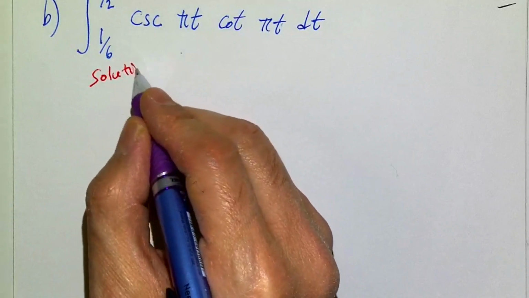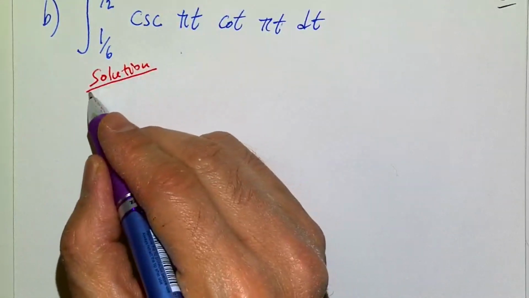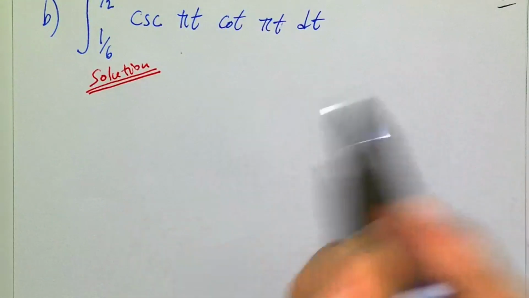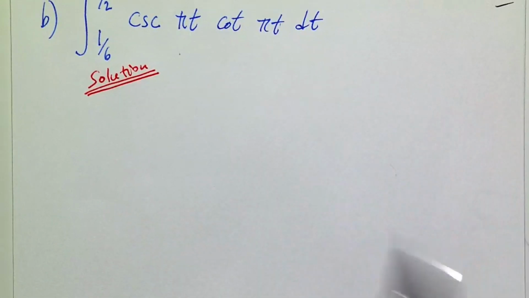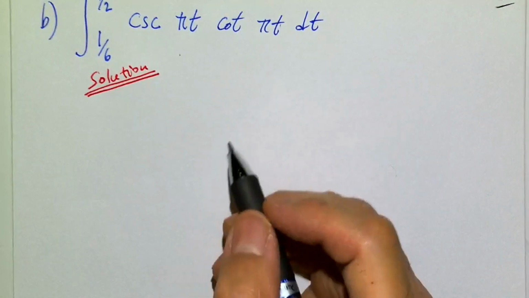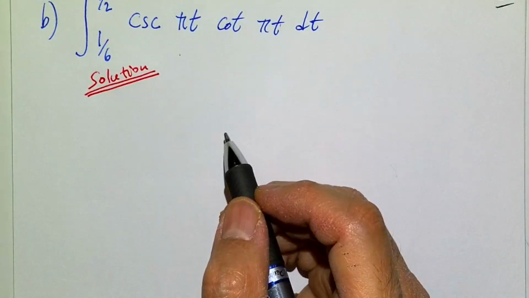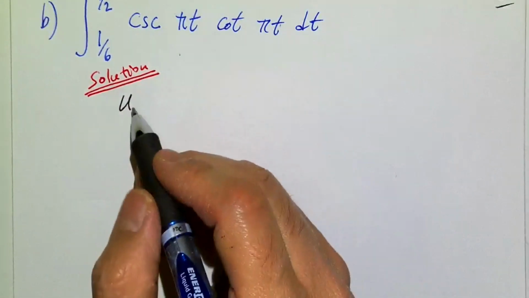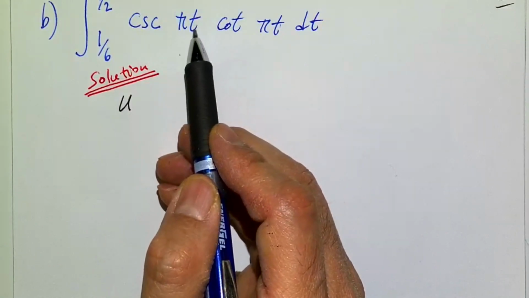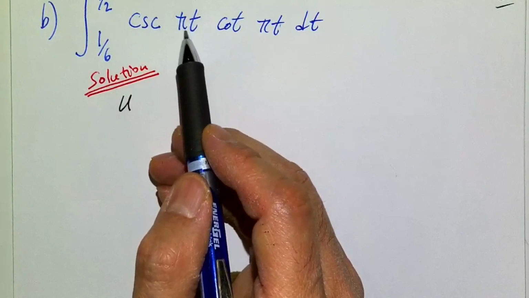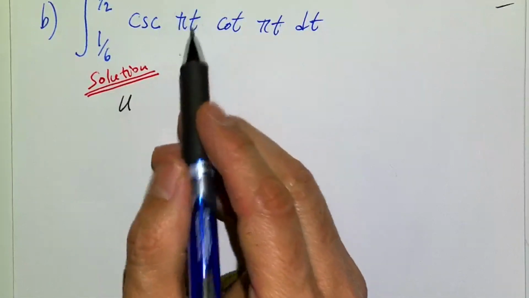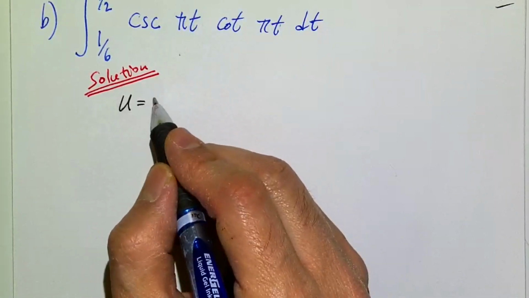And I forgot to remind you to please pause and carry out your own solution before coming back. You can use what I said as a hint, but still pause the video. It's worth it if you write down your own solution first. If you integrate this like it is with t, and you have pi here, it's going to be a messy integration. So let's replace pi t with u.